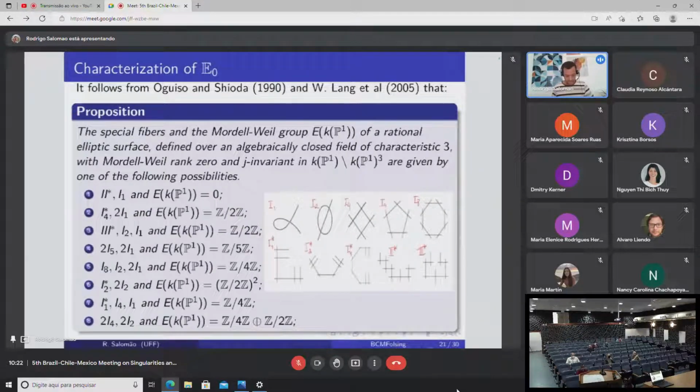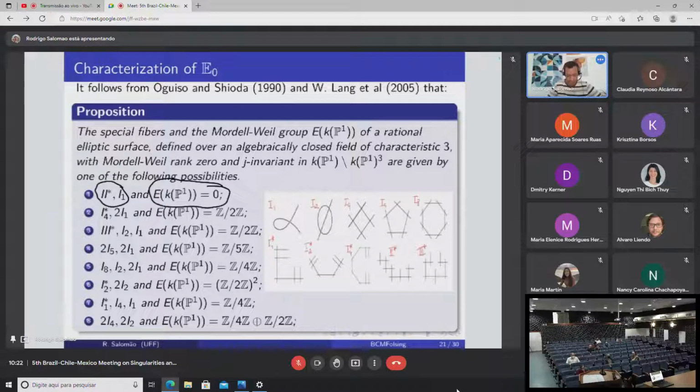And now I show the list to you, and here we can see in each step the possible special fiber and the possible Mordell-Weil group, okay, where these notations of special fibers are like in Kodaira fibers of special fibers of elliptic fibrations.